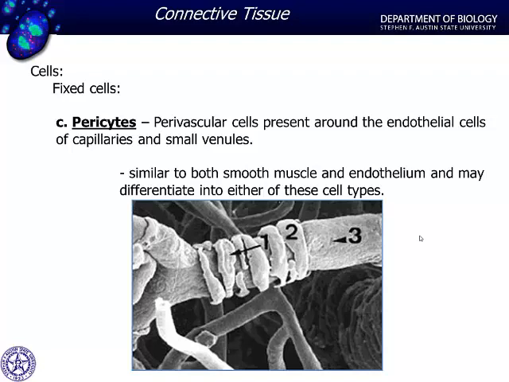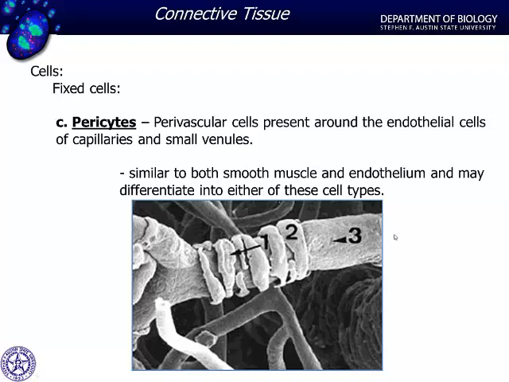Now, venules are going to be larger in diameter, but pretty much they're still just going to have that one endothelial cell layer. And so around them, wrapping them, giving them a little bit of support, are going to be these pericytes. And in this scanning electron micrograph, we can see either a capillary or a small venule, and you can see these pericytes perpendicularly arranged around that endothelial layer.